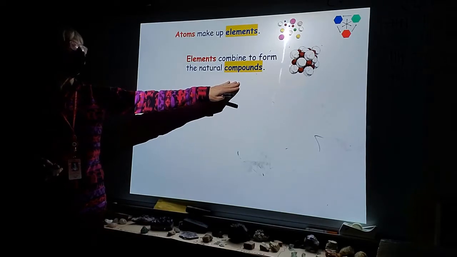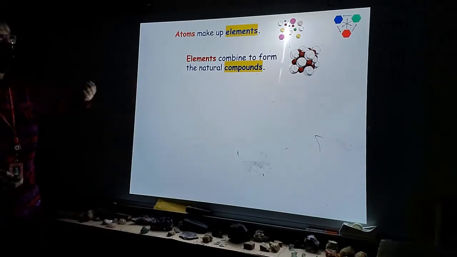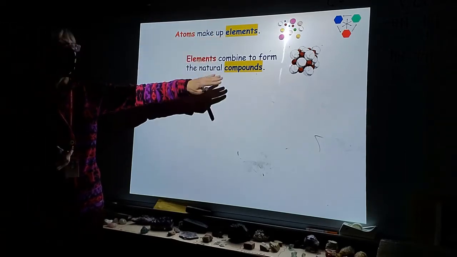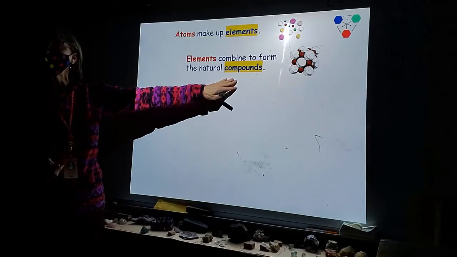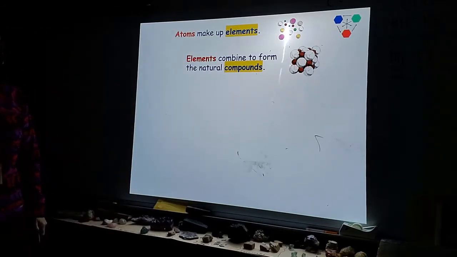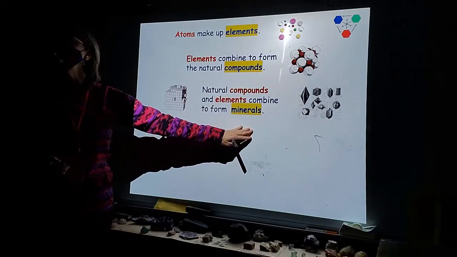Elements combine to form compounds. Like an element would be oxygen. If you add it to hydrogen, you have H2O. That's a compound, right? These natural compounds and elements combine to form minerals.